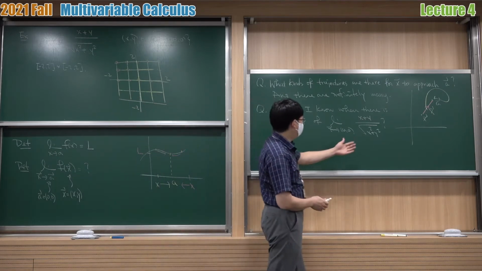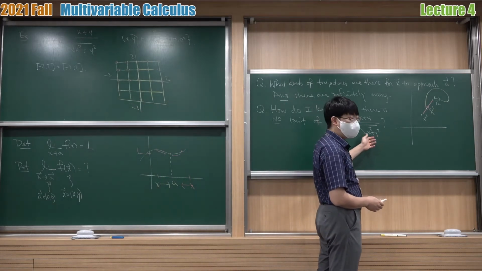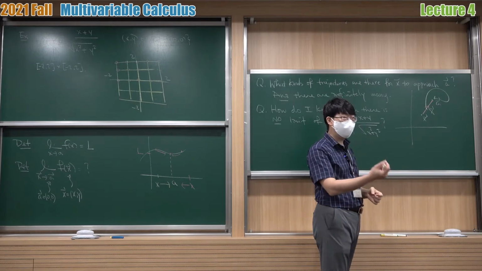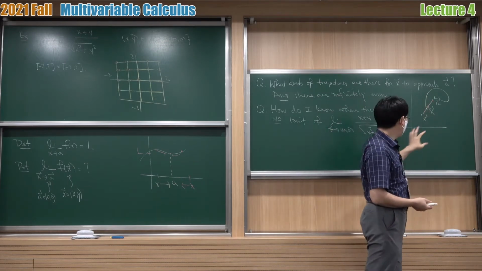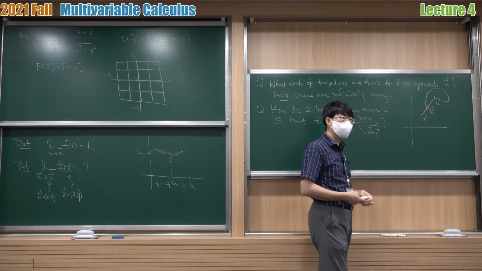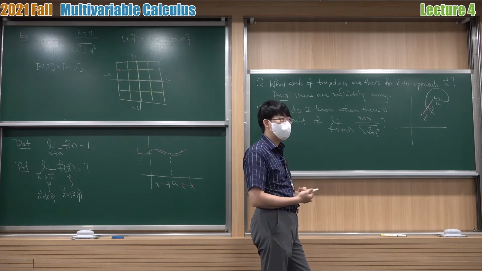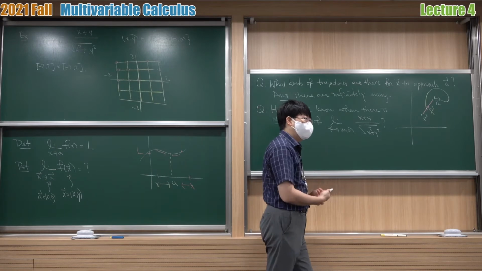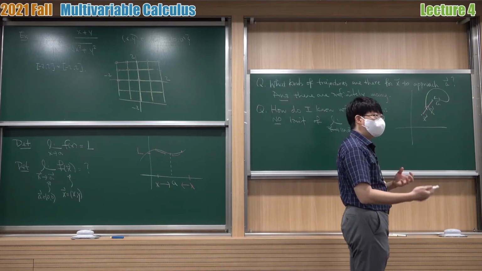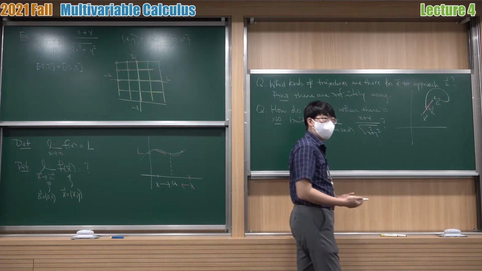So if you want to argue that there's no limit, you either find a trajectory that makes this function diverge to infinity or negative infinity, or you find two trajectories which converge to two different values.